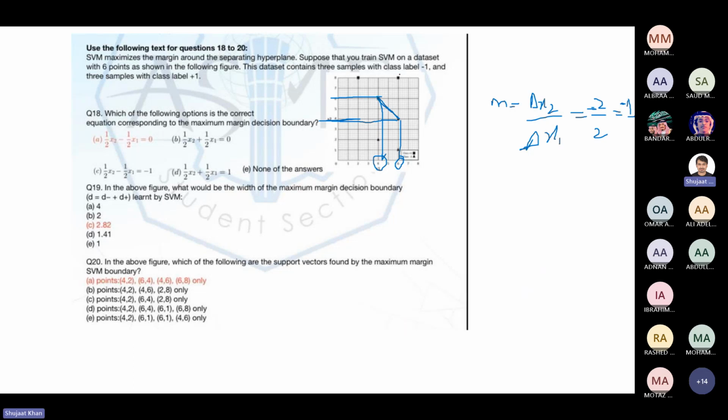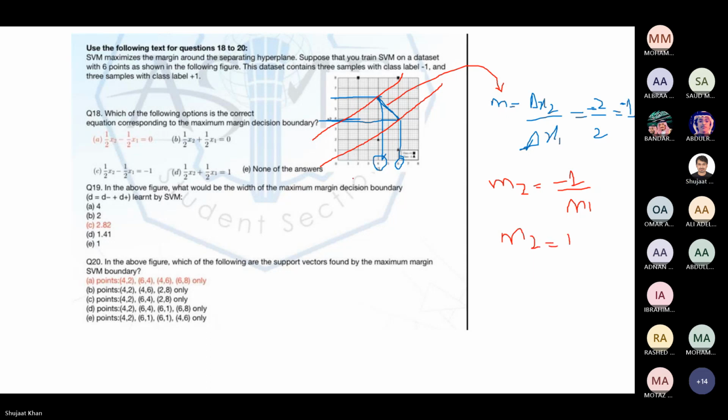So if we can find the slope of this line, we can simply find the slope of the orthogonal line. The slope of the orthogonal line is m2, which equals -1 over m1.